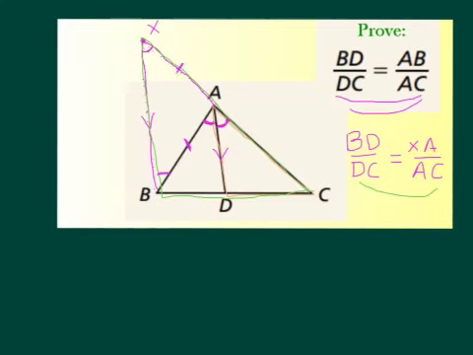And what happens next, I think, is pretty neat. So we have XA right here, and since it is congruent or equal in length to AB, I can just replace XA with AB. So I'll rewrite the proportion this way: BD over DC equals AB over AC.